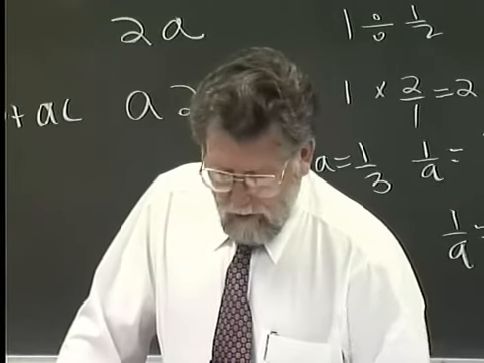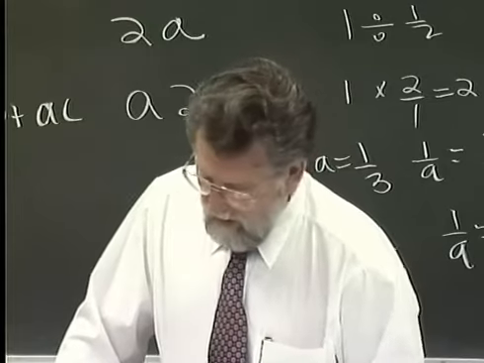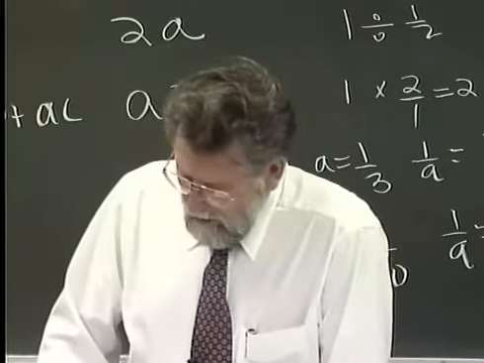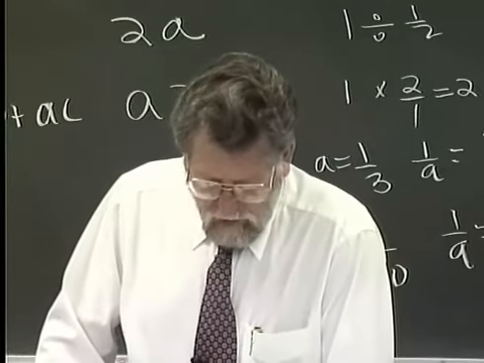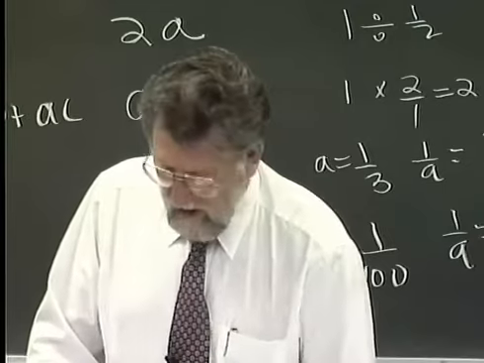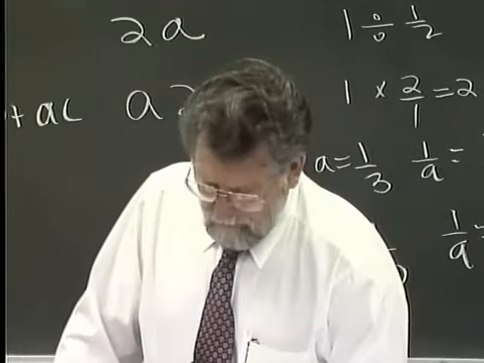You should be comfortable with everything in section 1.1. We've done that today. The homework in that section is going to be 1 through 62 odd. Make sure that that does what I want. Yes, 1 through 62 odd in section 1.1.